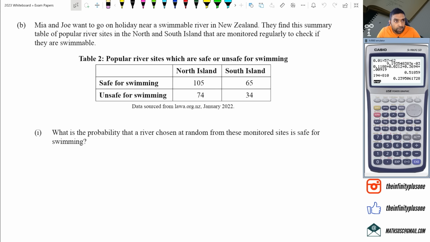Okay, so for this question, what we have got is monitor type is safe for swimming. First off, safe for swimming, we've got 170 that's actually safe.